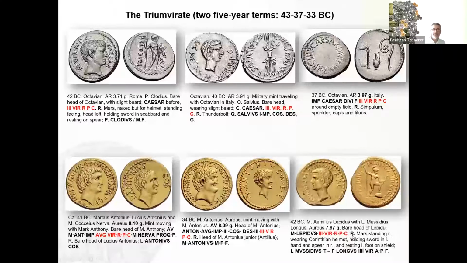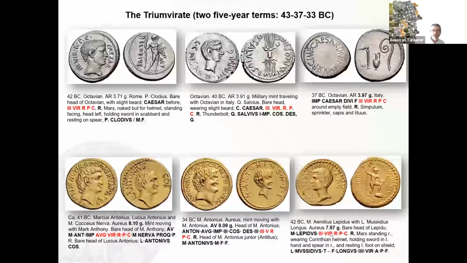Here I have a very interesting and rare aureus that appeared recently in the market. We didn't have a good representation of Lepidus on any coins, but this one is really striking.